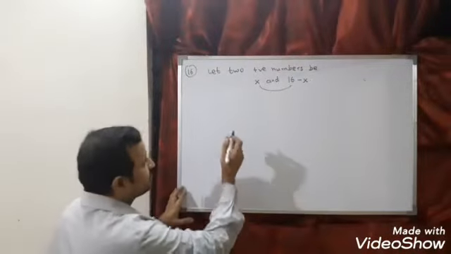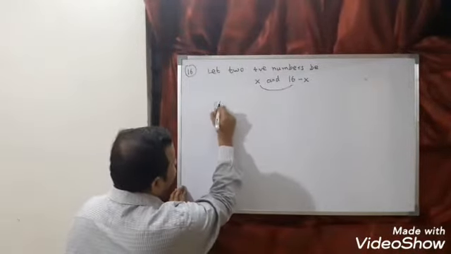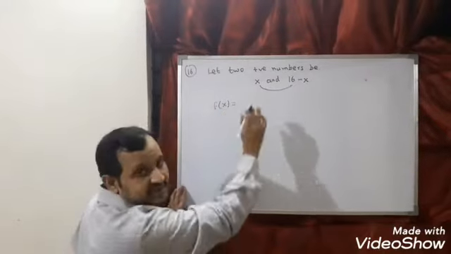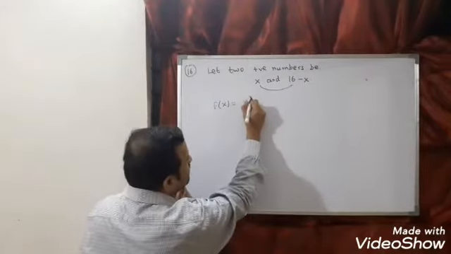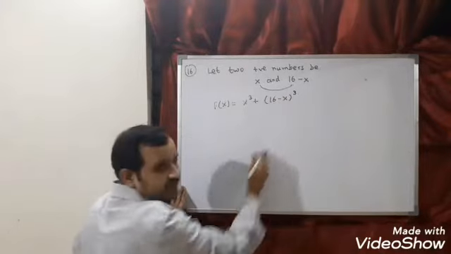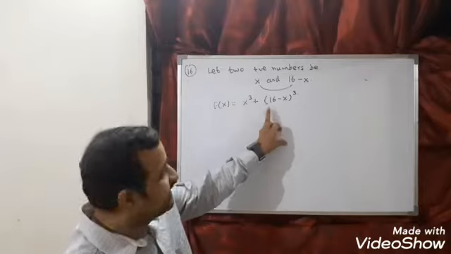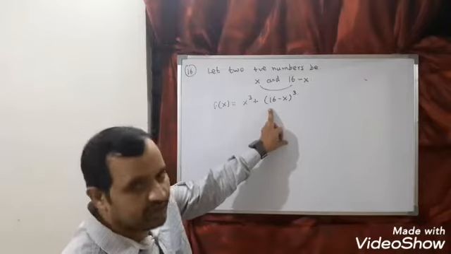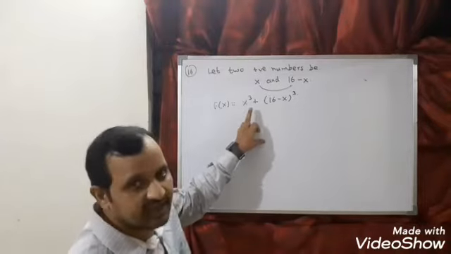Sum of whose cubes. So here I can say f of x is equal to the sum of the cubes, meaning x cube plus (16 minus x) cube. One method is to expand this and then apply differentiation. What I am doing is directly finding f dash x.